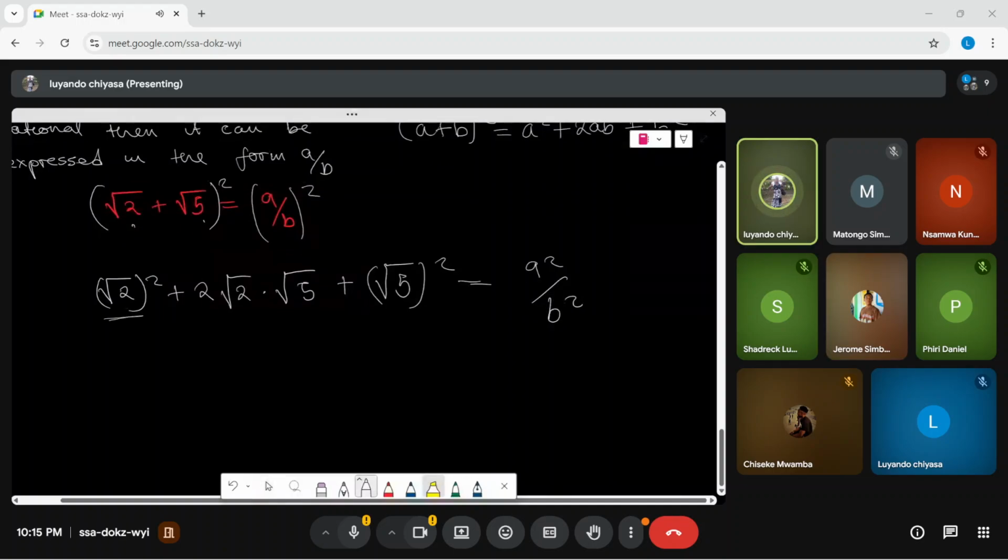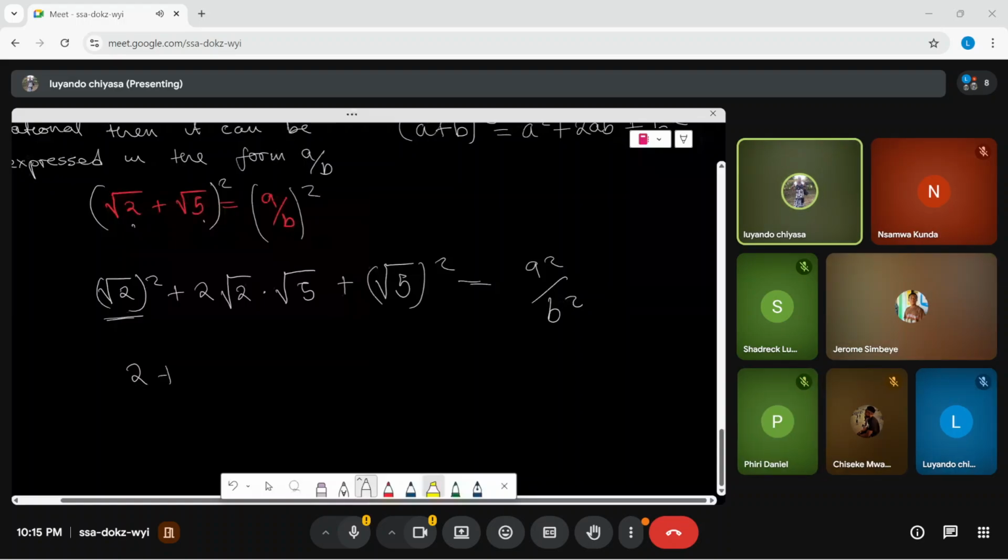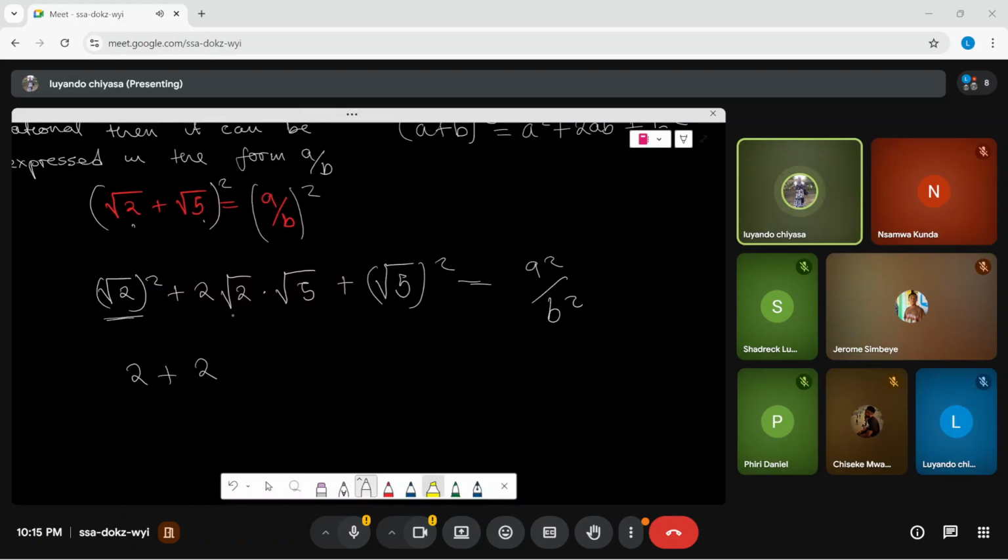So here, when you deal with this, you just get 2 plus 2 root. We know that we can combine these according to the rules of radicals. We can write this as root of 2 times 5. We know that, right?